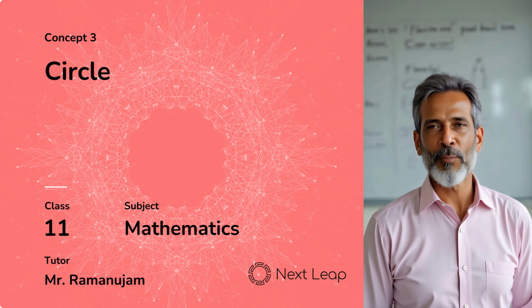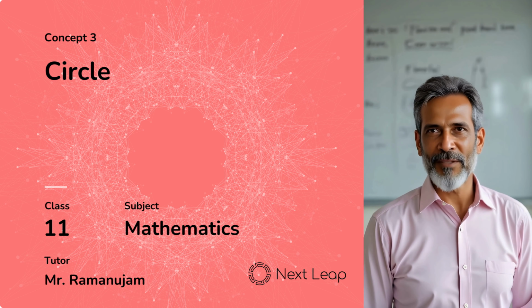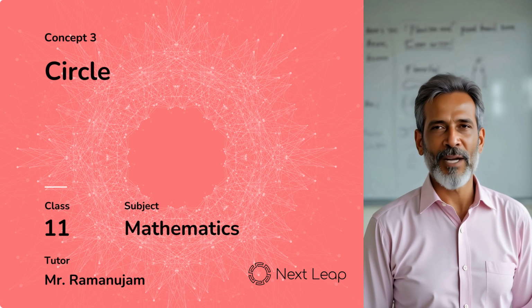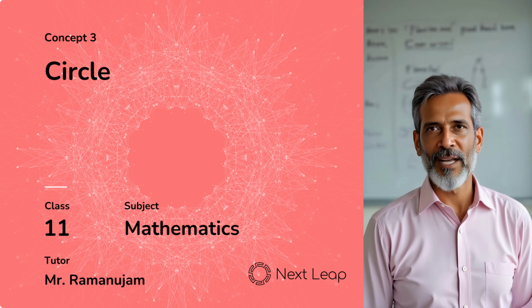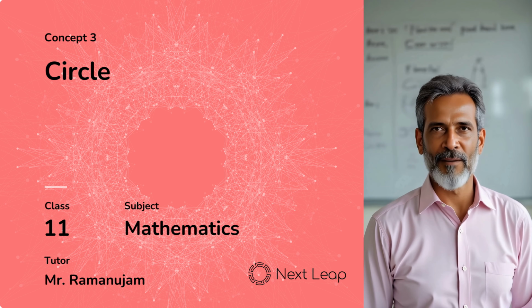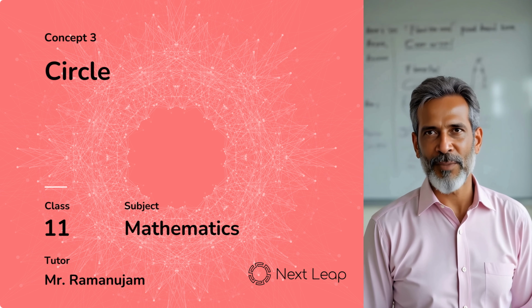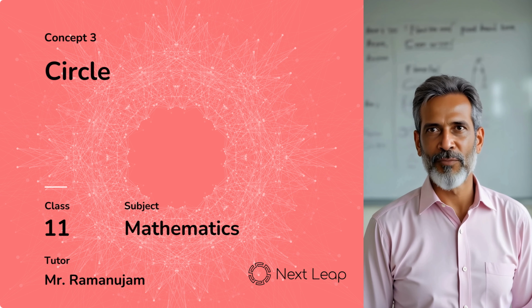Imagine you have a fixed point, let's call it O, the center, and every point around it is exactly the same distance away. That distance is called the radius, represented by r. So, mathematically speaking, a circle is the set of all points that are equidistant from a fixed point O in a plane. If you double the radius, that's your diameter, or d equals 2r.